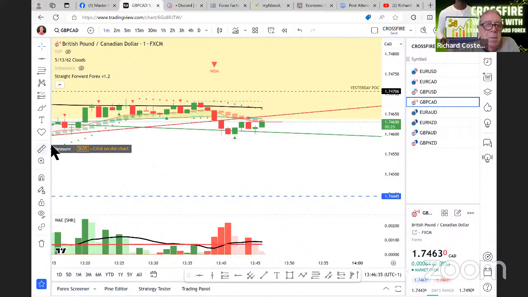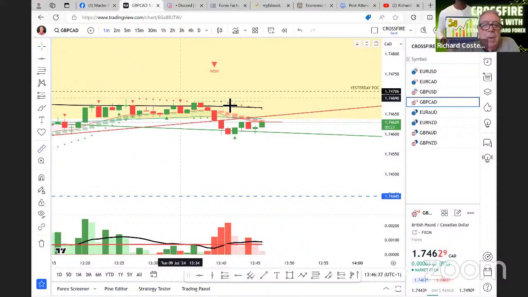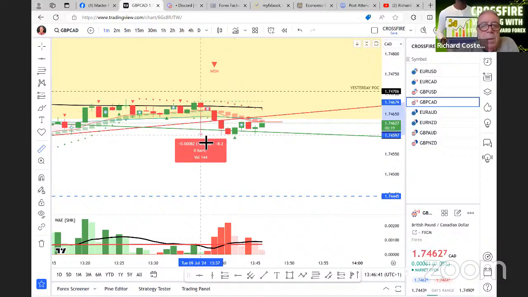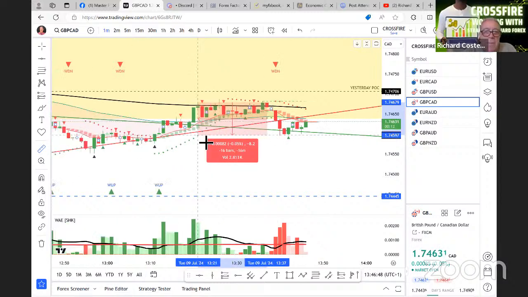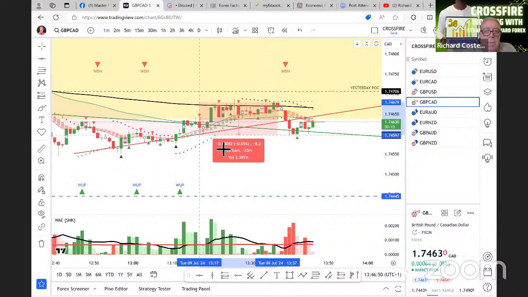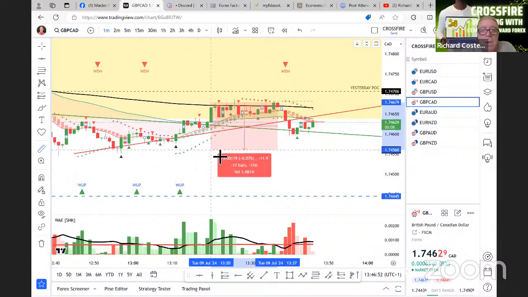The thing to keep an eye on is price has been up there and it's been down to there. So there's about 8 pips from top to bottom. Not really enough to get us interested. If you come down to there, there's 11 pips, not really enough to be interested.